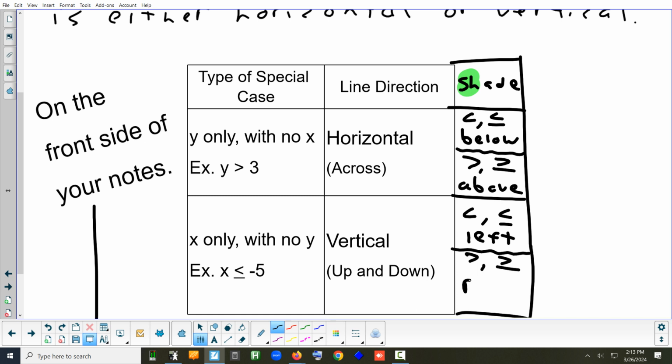Since a positive number goes to the right, greater is to the right, and negative, less than, goes to the left. So this would be an example of a shade left, and this would be an example of a shade above. How about if I did this? Where would that be?